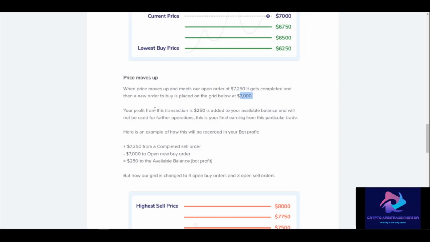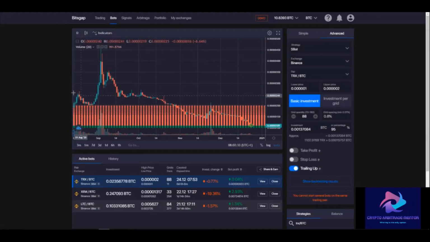So your profit from this transaction is 250, added to your available balance and will not be used for further operation.